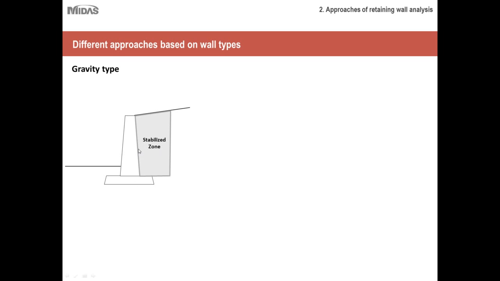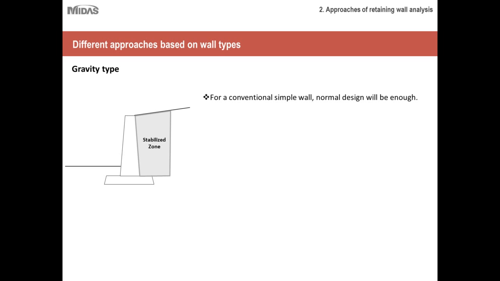And since we're dealing with gravity walls here, they are massive concrete structures in itself, and they have a big filling inside them. So they're self-stabilized structures, like I said before. And when you are dealing with the most conventional type of gravity walls, then the conventional approaches that we just learned, that is the checks that we talked about, the sliding, the overturning, the bearing capacity checks, all that can be used to design the gravity types of wall.